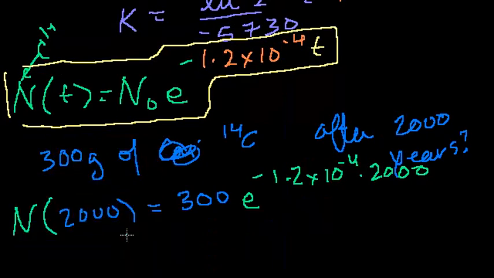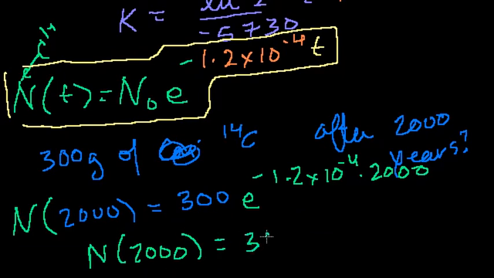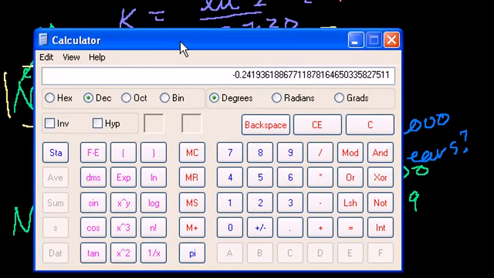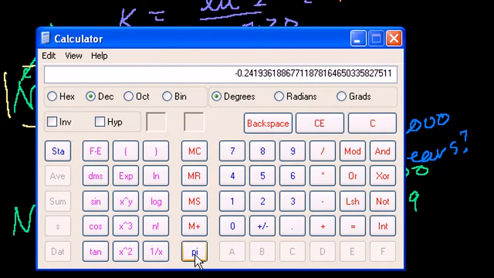And I have to raise e to this power, so it's 0.241. So N of 2,000, the amount of the substance I can expect after 2,000 years, is equal to 300 times e to the minus 0.2419. My calculator doesn't have an e to the power, so let me just take e as, let's say, 2.71.